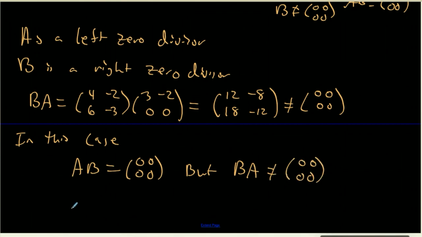So it's important to realize that while we have this particular fact being true, we also have that AB is not equal to BA. And that means that in a non-commutative ring, which way you multiply two zero divisors together does matter. And that's it for this video.